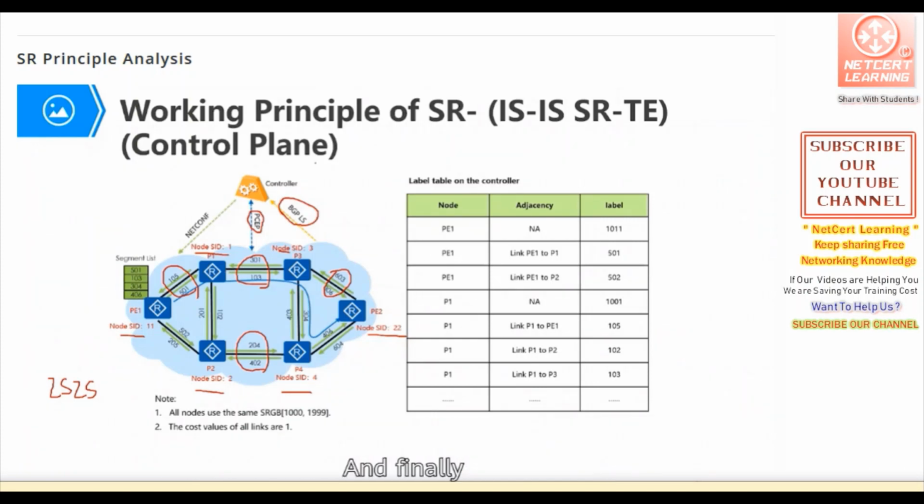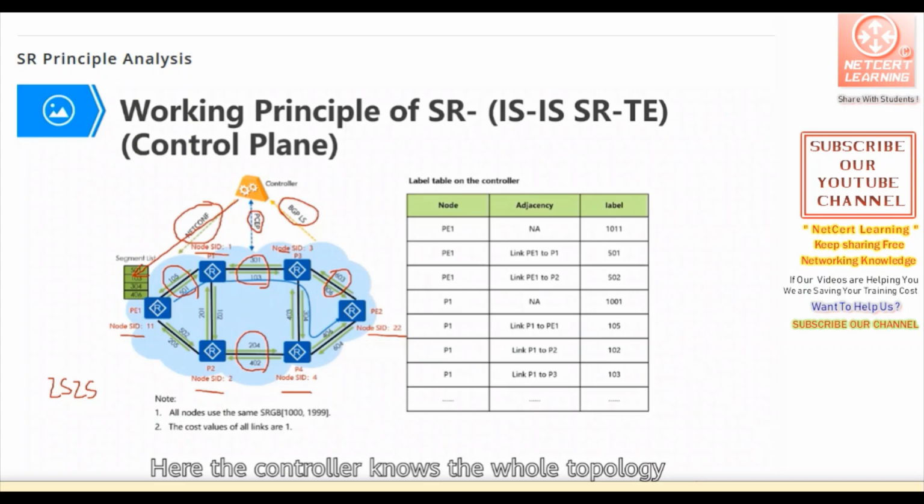And finally, the controller will use the NETCONF protocol to give this path to the source router, because PE1 is the source router if it wants to go to PE2. So the controller knows the whole topology and the whole SID. The controller will give this list to PE1.